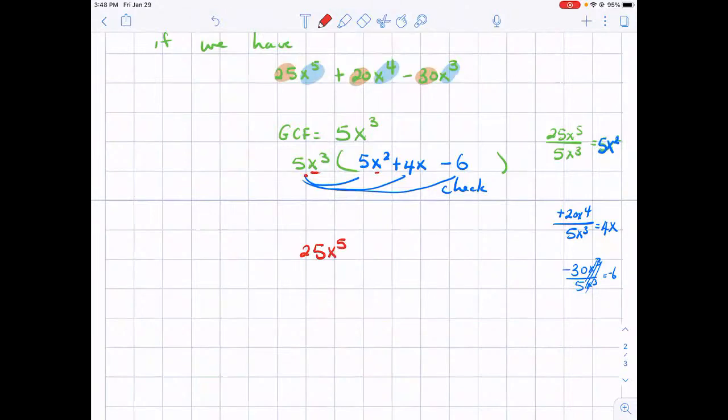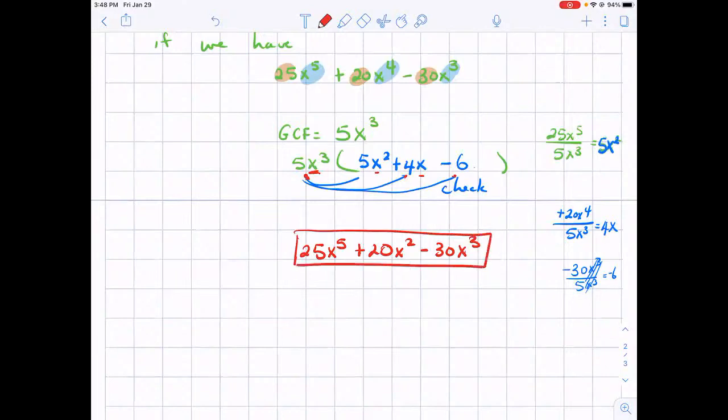Then 5 times 4 gives positive 20, and x cubed times x becomes x to the fourth. And 5 times minus 6 becomes minus 30. There's no x here, but there's an x cubed, so you have to bring down the x cubed. And notice this here is exactly what we had at the beginning. So by multiplying out your factors, you should get back the polynomial you started with.